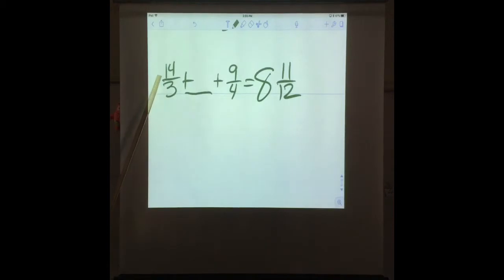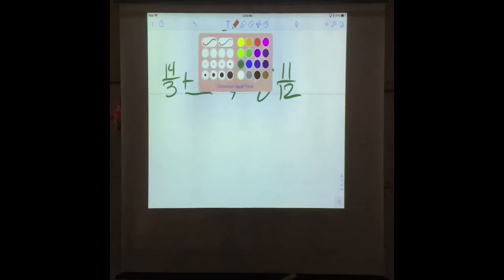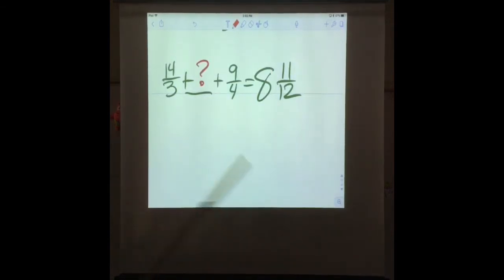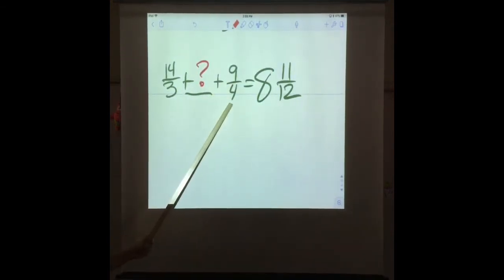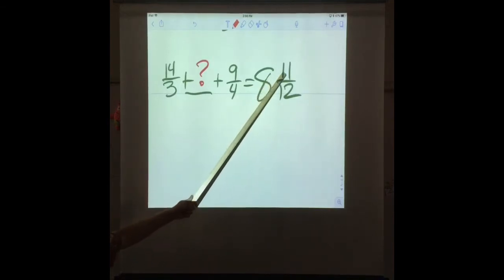Now your book might have a problem that looks similar to this. The question is 14/3, that's a what? An improper fraction, plus something, we'll call it mystery number, plus 9/4 equals 8 and 11 twelfths. Wow. So, what do we do?